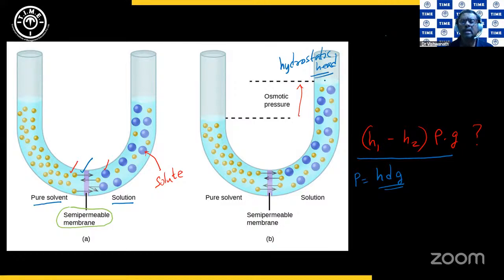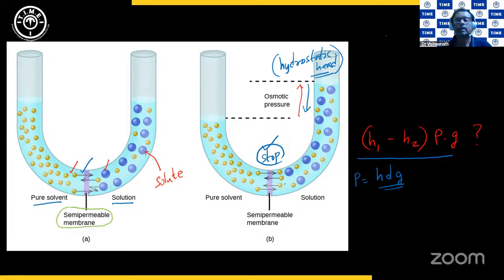As the height increases, this will start putting pressure against the osmotic pressure, and then ultimately this will stop. The process of osmosis stops when the pressures on both sides are equal, right? How has this happened? This is because the water level has increased here and the hydrostatic head of pressure starts increasing and then becomes almost equal to the osmotic pressure. When it becomes exactly equal to the osmotic pressure, the process stops, right?